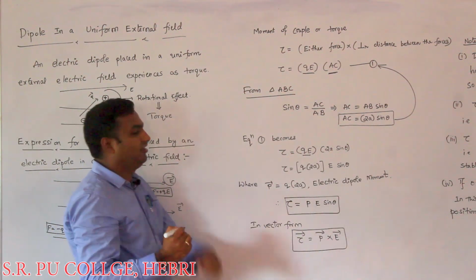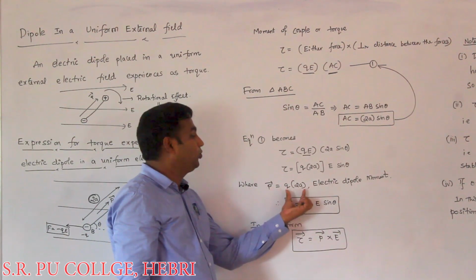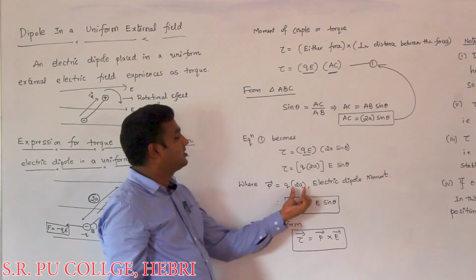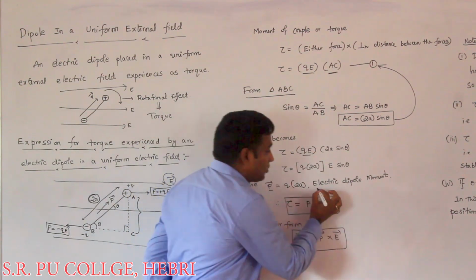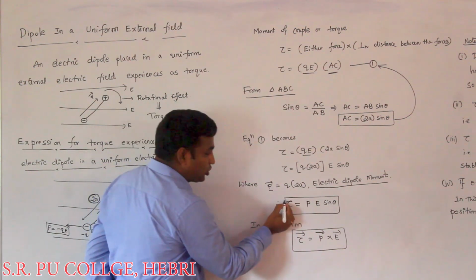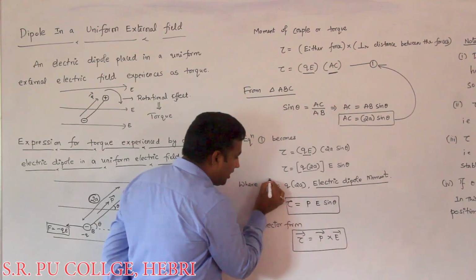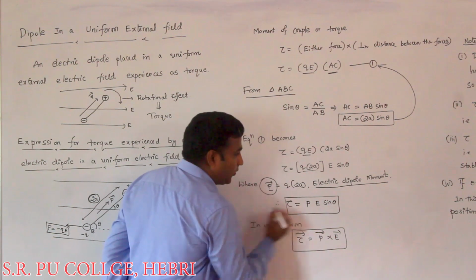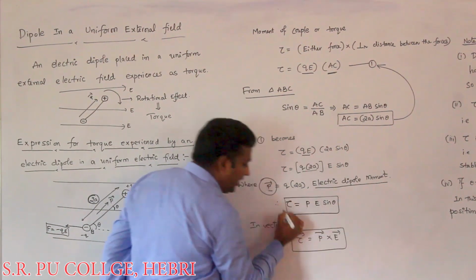We already learned in the last concept that Q into 2A is the product of the magnitude of either charge and the separation between them, which gives the P vector, called the electric dipole moment. So torque tau is equal to P into E into sine theta, the expression for electric torque.